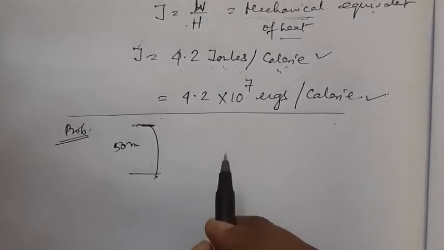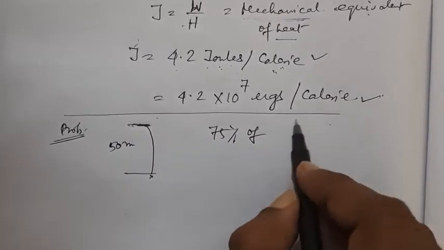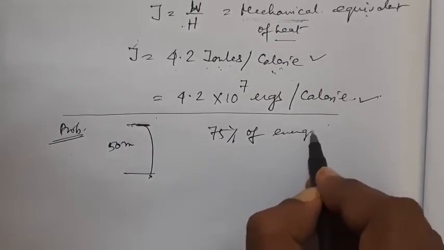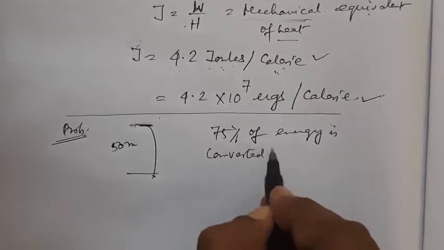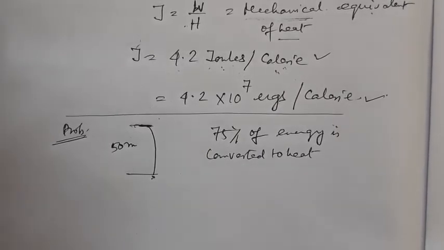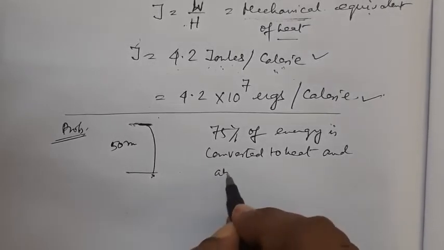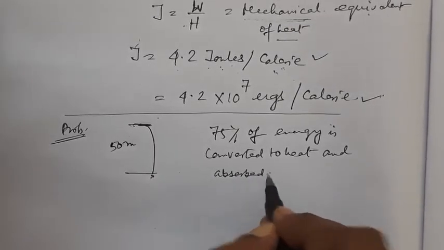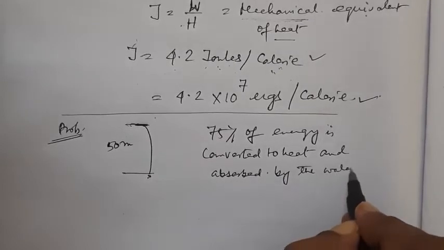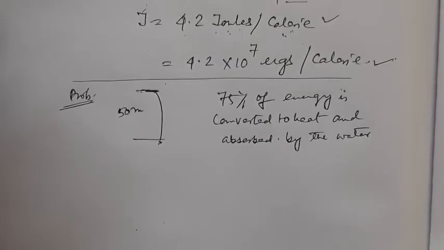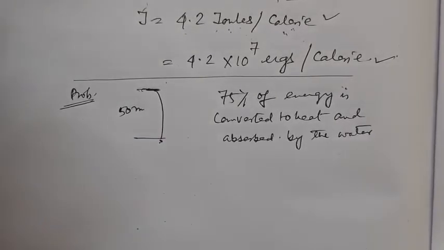Now suppose 75% of the energy is converted to heat and absorbed by the water. You all know that when particles fall from a height, there will be a change in potential energy.